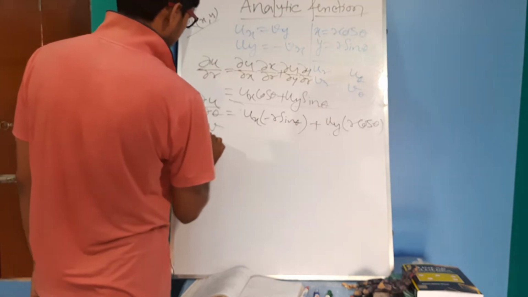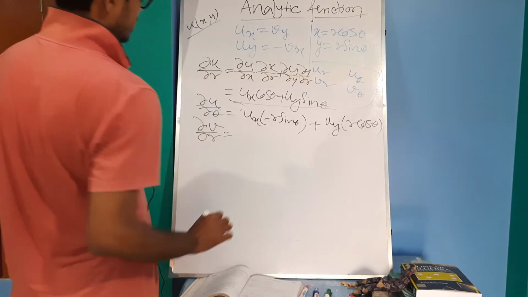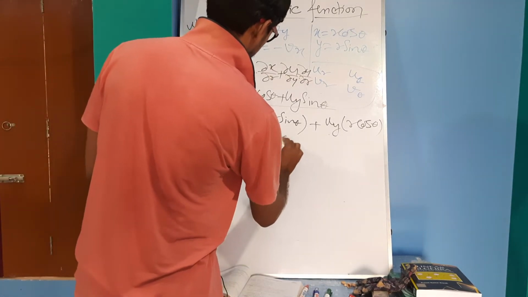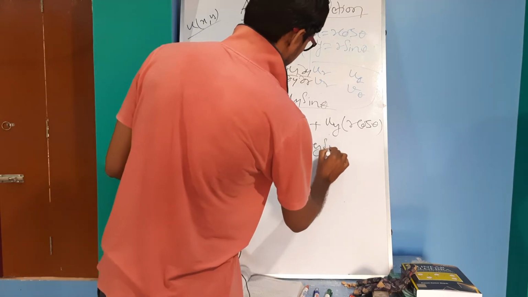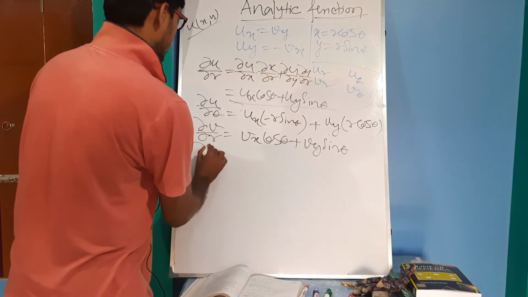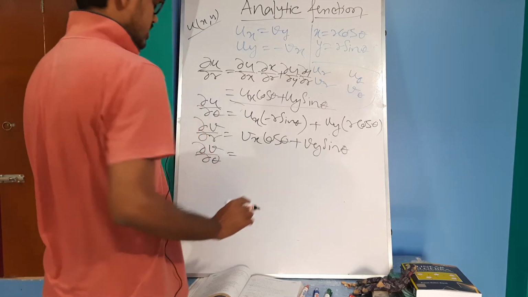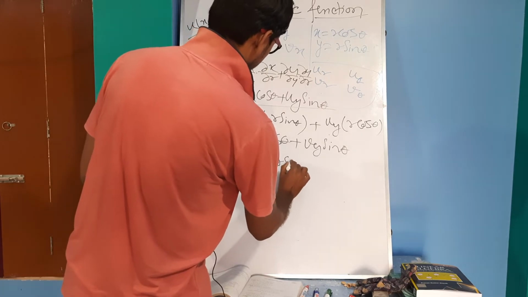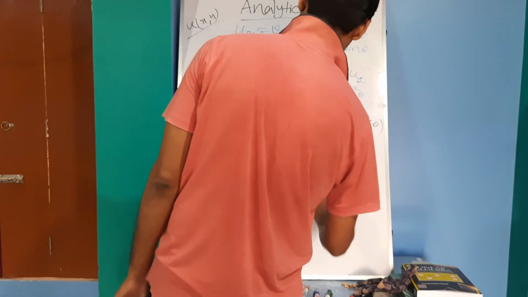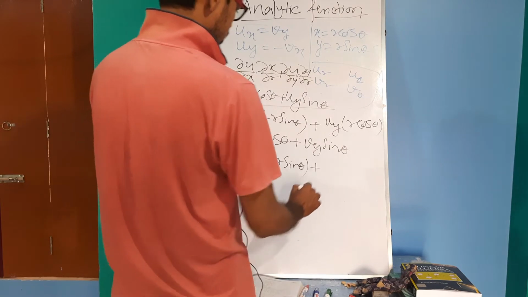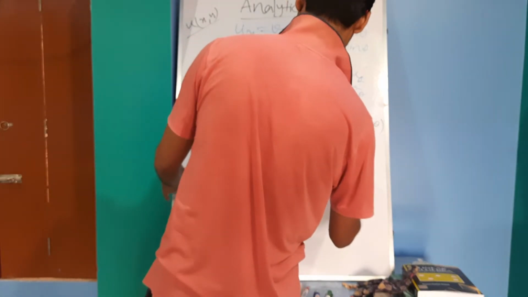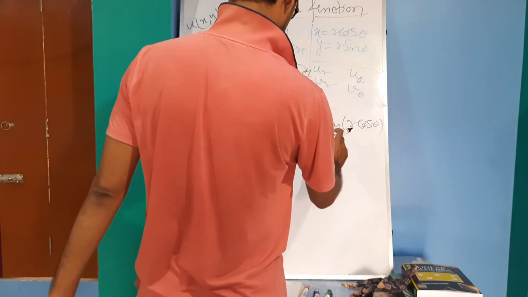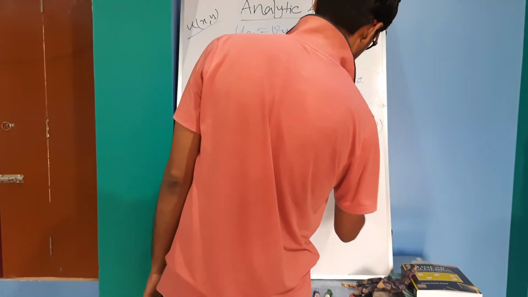And del v by del r, with a similar approach: v_x cos theta plus v_y sine theta. And del v by del theta will be v_x into minus r sine theta, and v_y into r cos theta.